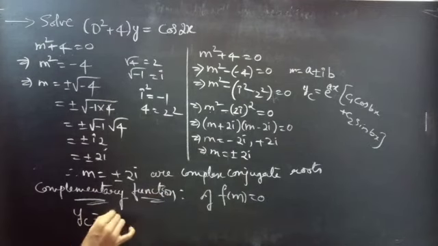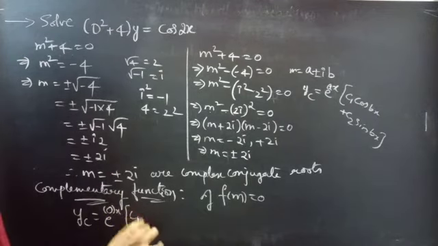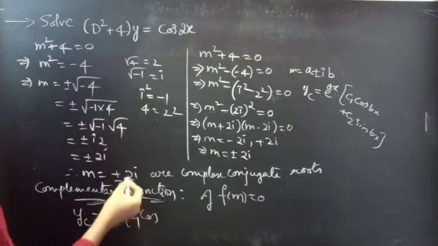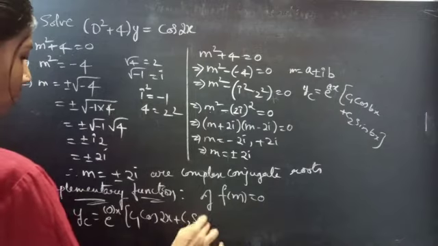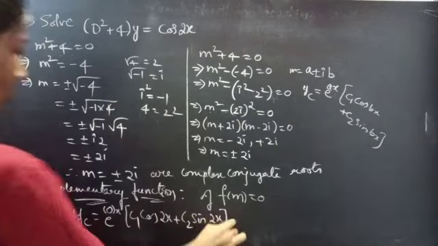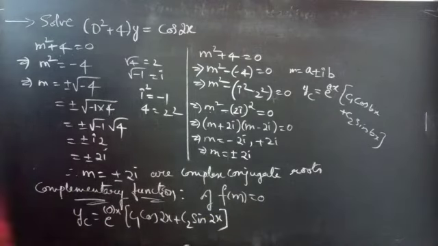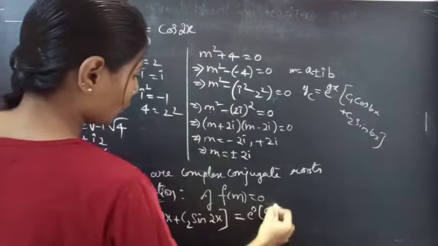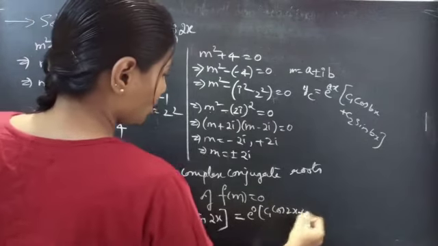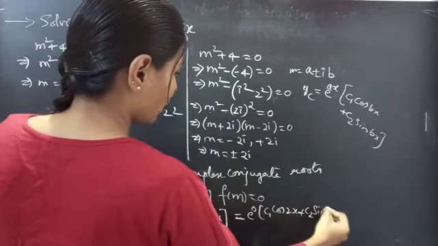y equals e power, we don't have any a, so let's write it as 0 into x into c1 cos bx. For b equals 2, you get 2x plus c2 sin 2x, which is e power 0 into x, e power 0 into c1 cos 2x plus c2 sin 2x.